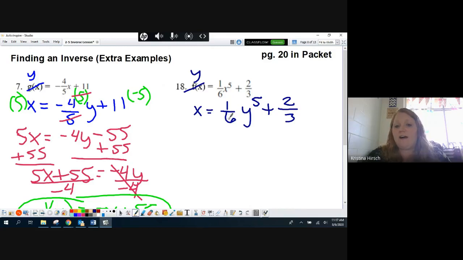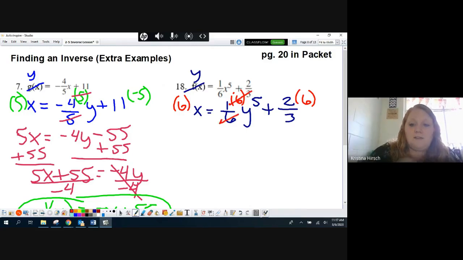If this would have been a 5 and this would have been a 3, then I would have to multiply through by 15. But since 6 is divisible by 3, I can multiply through by 6 and get the same thing accomplished. So I'm going to multiply every single term by 6. This 6 right here cancels.